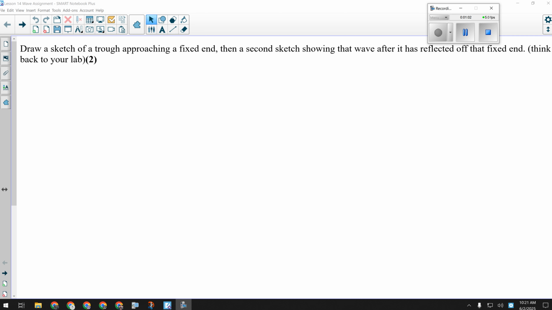He was the more dense medium. They came back inverted. If I made a crest, it hit him and came back as a trough. When we go from less dense to more dense, that's fast to slow, you're going to have an inverted reflection. If you're going from slow to fast, you'll get very little reflection and it will be upright.